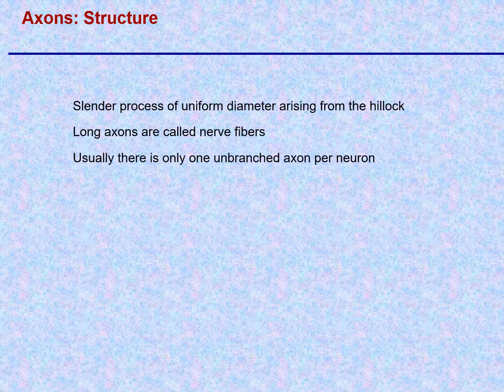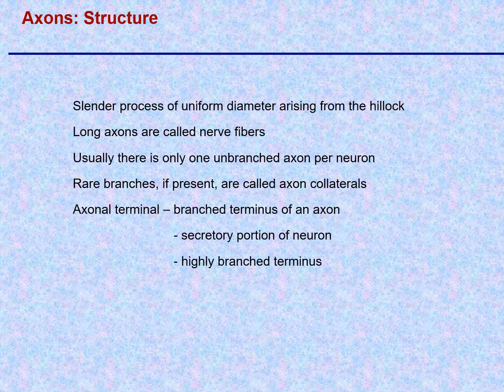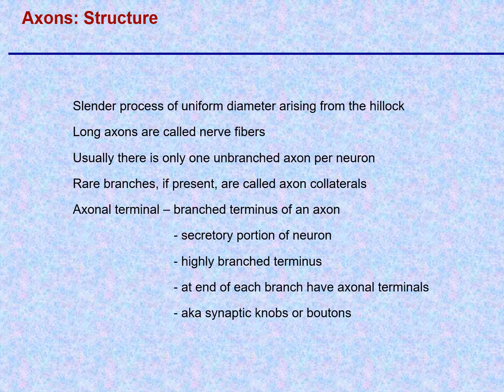The axon is a slender process of uniform diameter, except at the very base, the axon hillock. They are very long nerve fibers, which can get bundled together, if there are many of them, into a nerve in the peripheral nervous system.